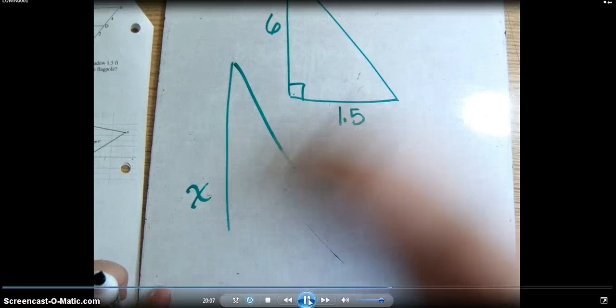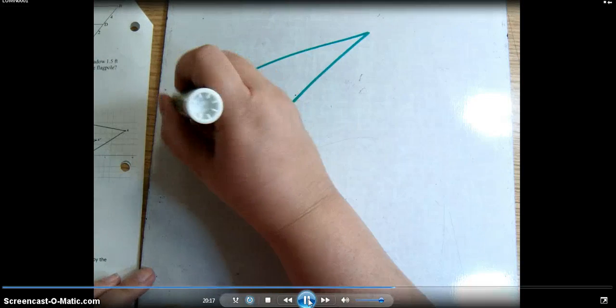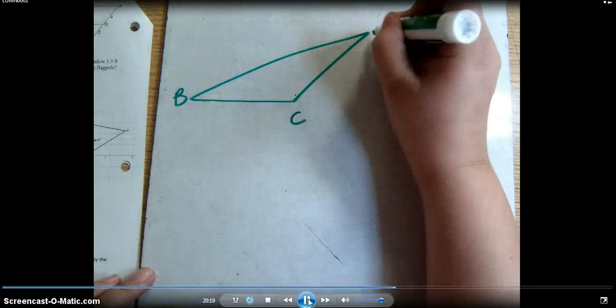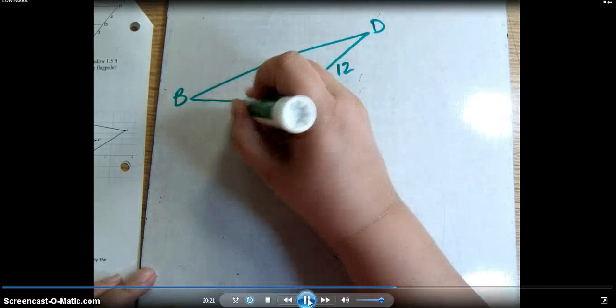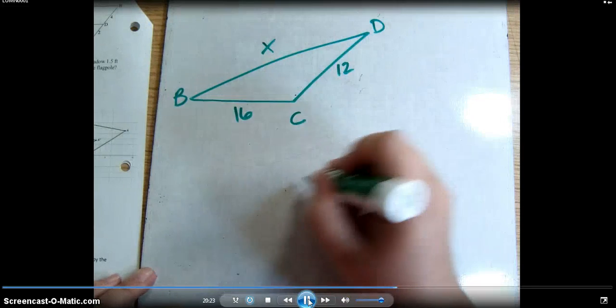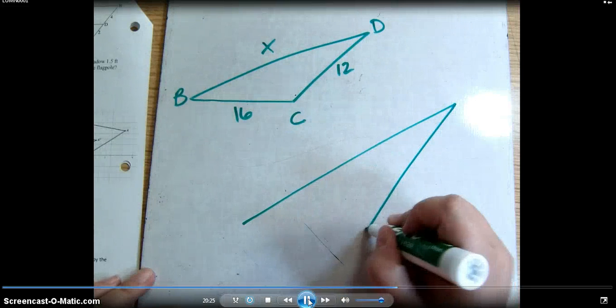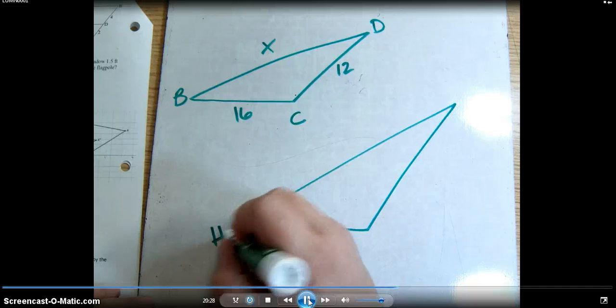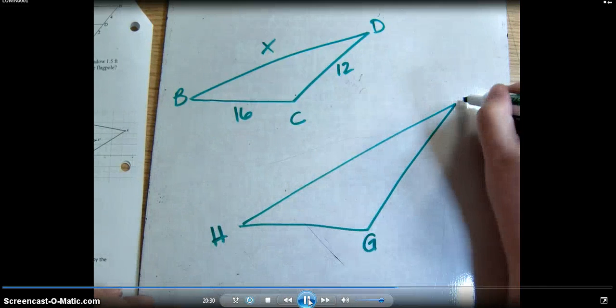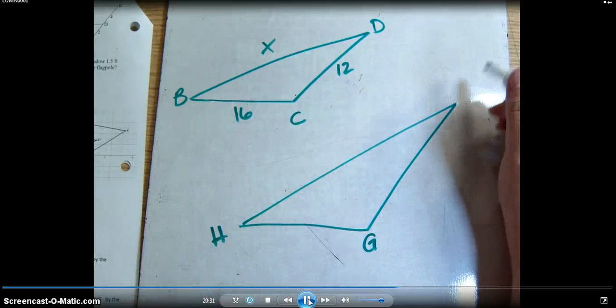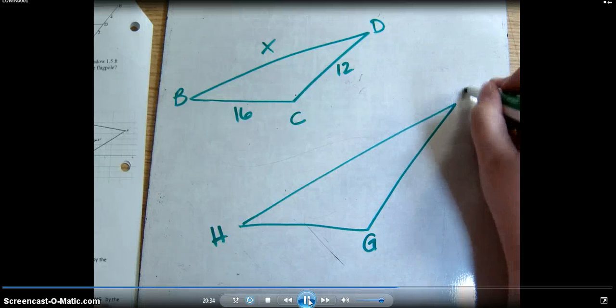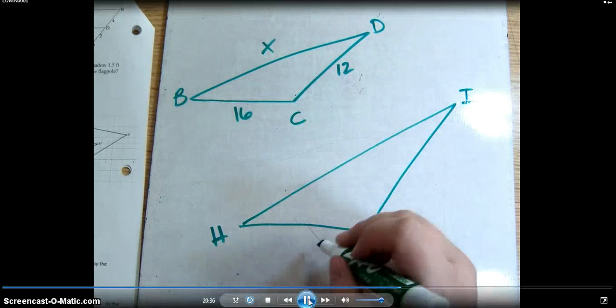Number 6, consider the following diagram. We've got BCD. BCD has this info, and H, I, there we go, sorry about that, momentarily forgot my alphabet.